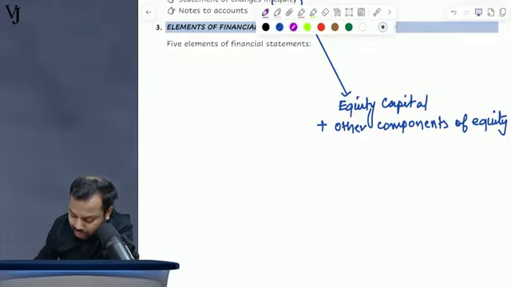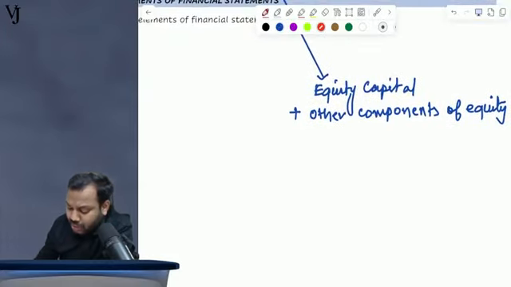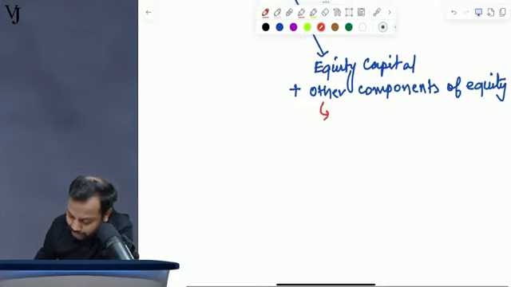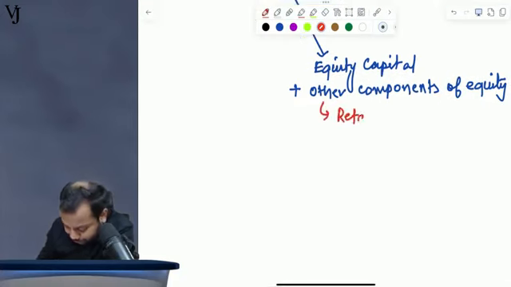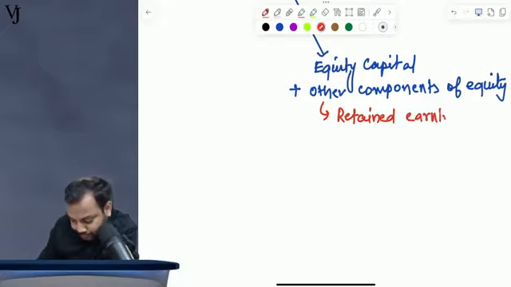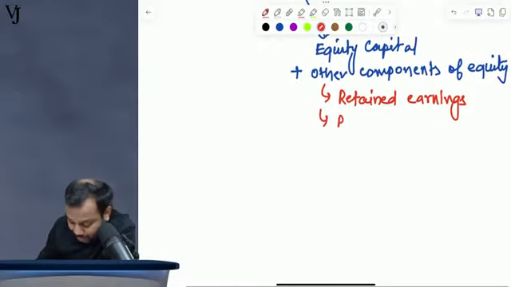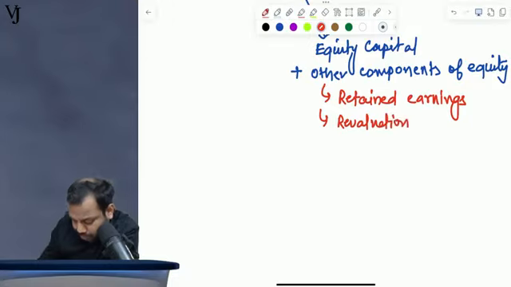So the other components of equity, it has, you can say, retained earnings. It can have a revaluation reserve.